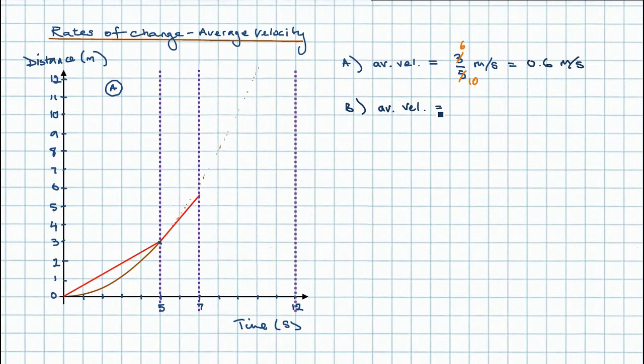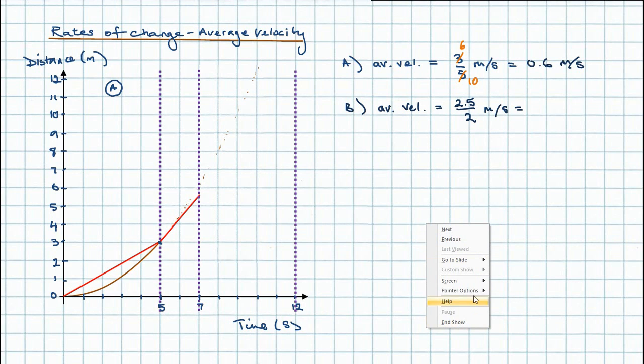This time, again, as rise over run, so 2.5 over the run, which is 2 meters per second. And again, I want to simplify this.